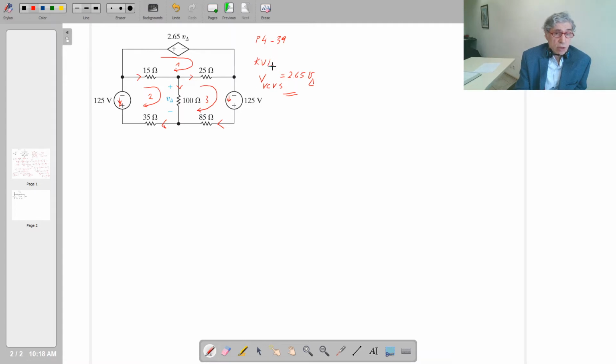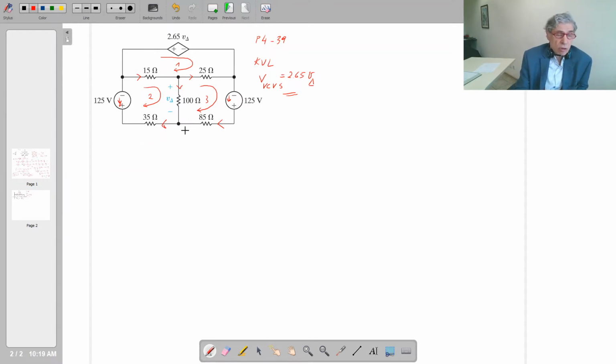Since I am writing Kirchhoff voltage law equations, there is no problem. No supplementary equation is going to come from those independent sources as well. So that's why we have chosen the mesh current method.